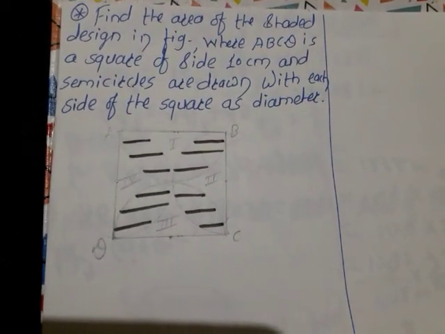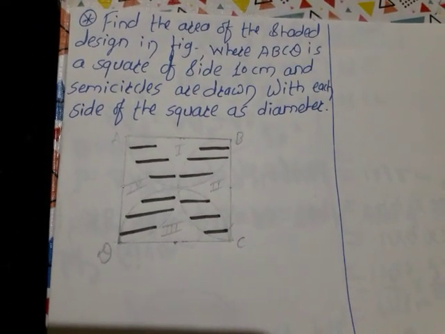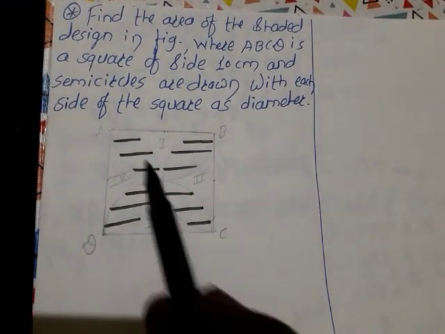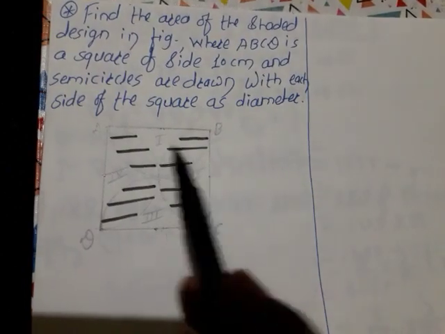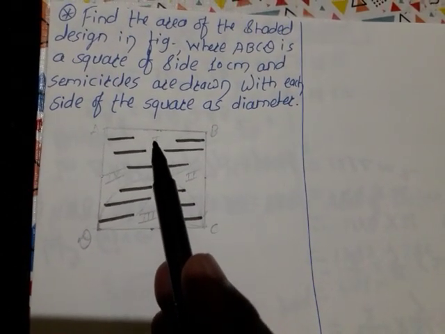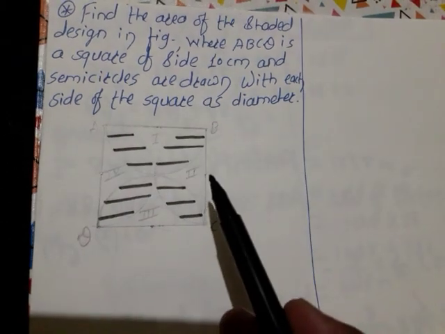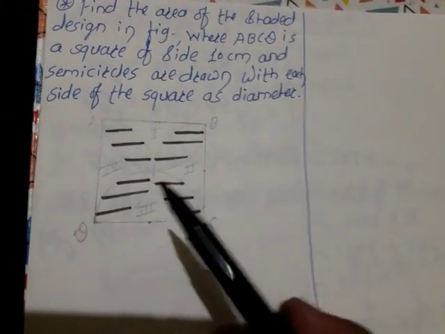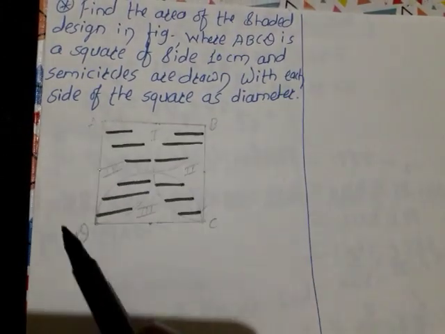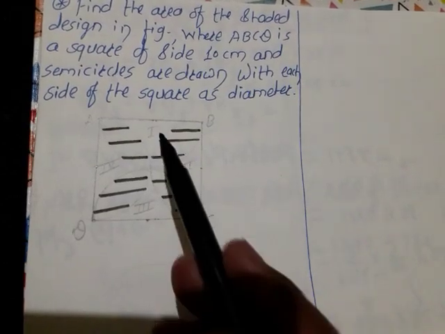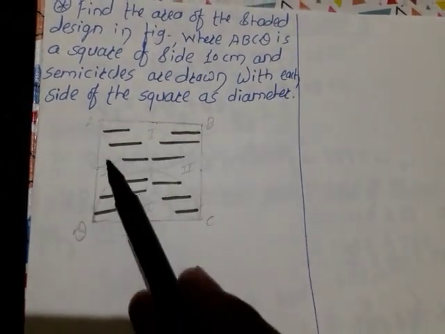Okay, now what we are going to do, try to understand. We are going to find the area of this shaded design. For that purpose, I have marked the remaining parts. This white portion you are looking at, I have numbered 1, 2, 3 and 4. First of all we will find the area of this square, and we will subtract the area of those 4 regions, 1, 2, 3 and 4.